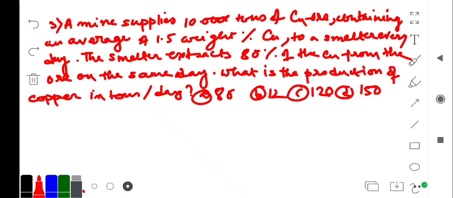Who is the mine supplying to? The smelter, every day. The smelter extracts 80% of the copper from the ore on the same day. What is the production of copper in tons per day, that is, how much copper is produced in tons with respect to the day?